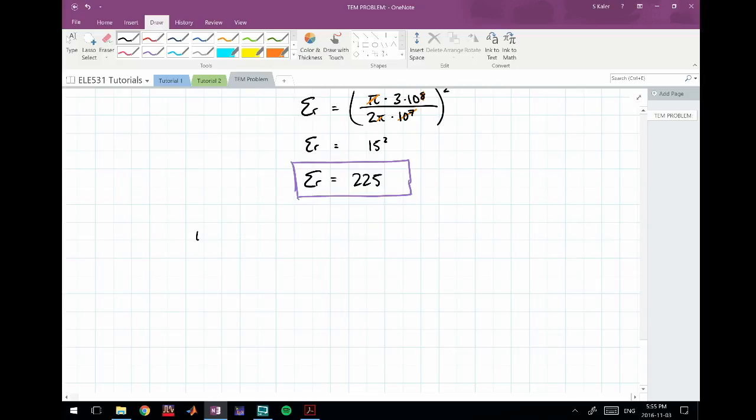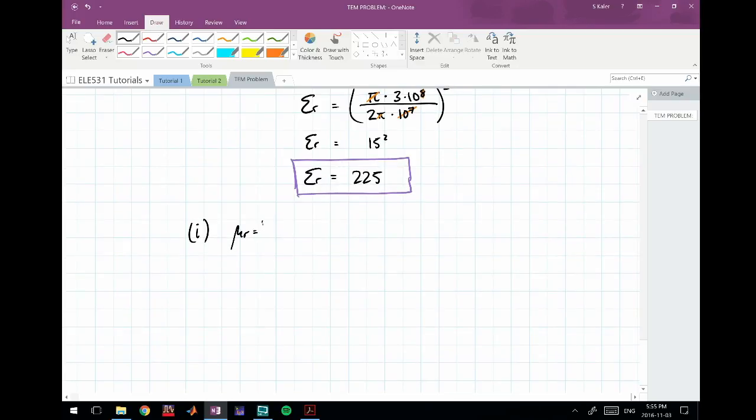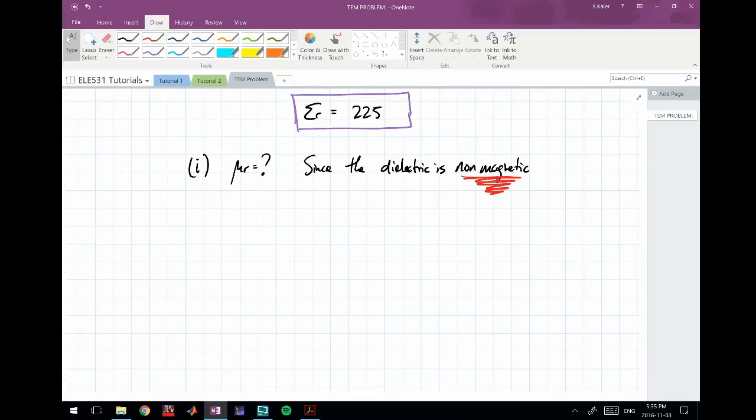Now it asks us in part I to find mu r, or it asks us to find the permeability essentially, which is the mu r, and we know that since the dielectric is non-magnetic, and I should emphasize that it's non-magnetic, then mu r equals 1 and mu equals mu 0.